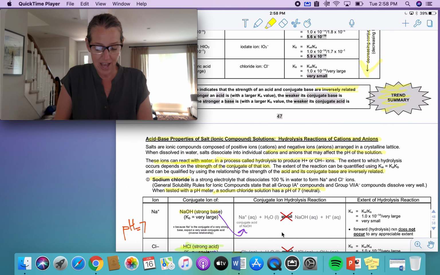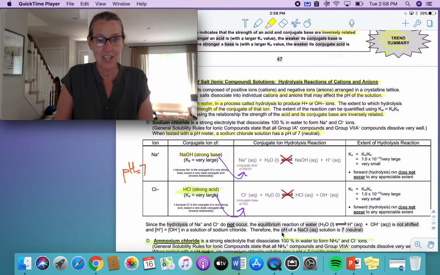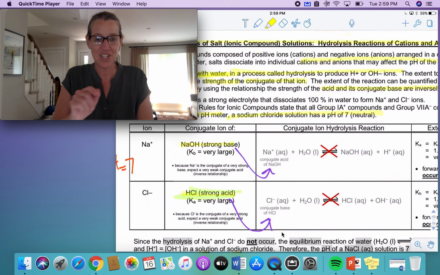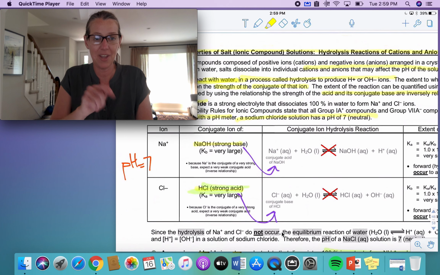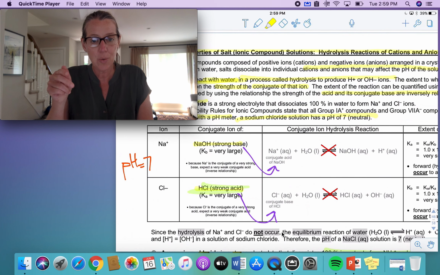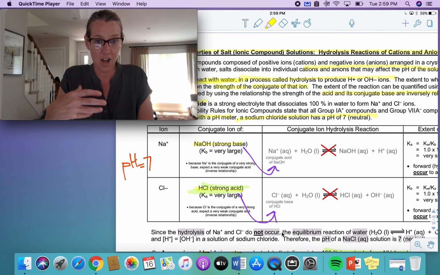So let's look at these three different scenarios that we've got. Scenario number 1, you have sodium chloride. So let's say you had hydrochloric acid, sodium hydroxide. The salt that you make came from the sodium ions in the sodium hydroxide, and the chloride ions came from the hydrochloric acid. You recognize these as both strong bases and strong acids.